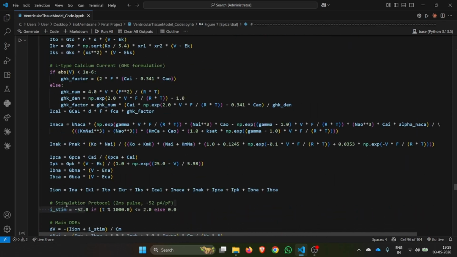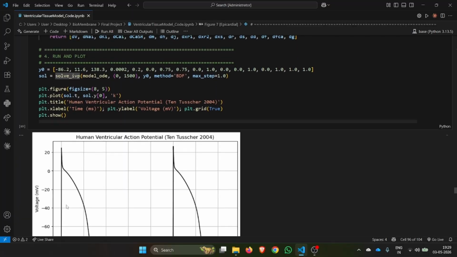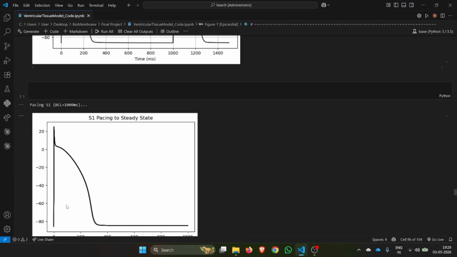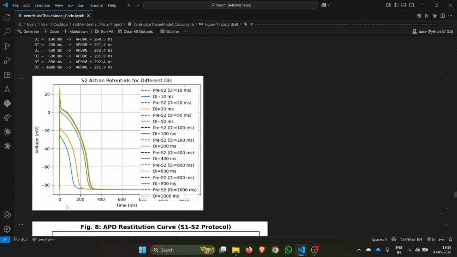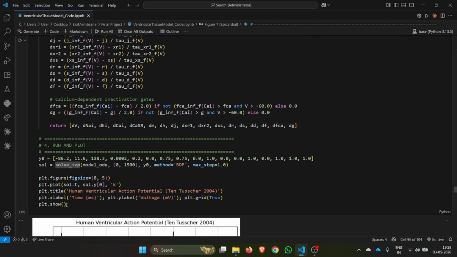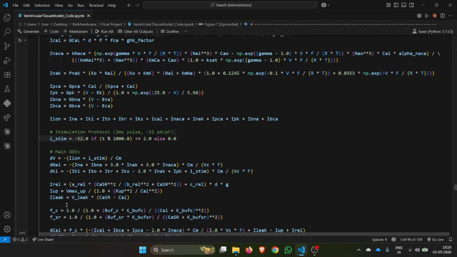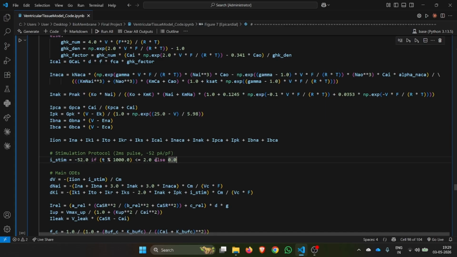And this is another one showing two different peaks. Here we use the S1-S2 restitution protocol. If it is a multiple of 1000, then we give the S2 pulse; otherwise we give the normal pulse.